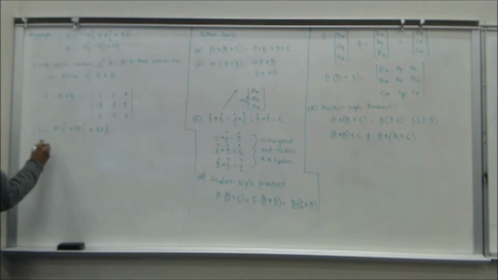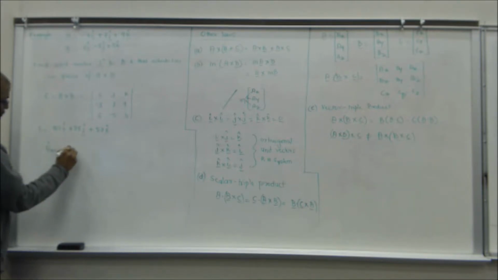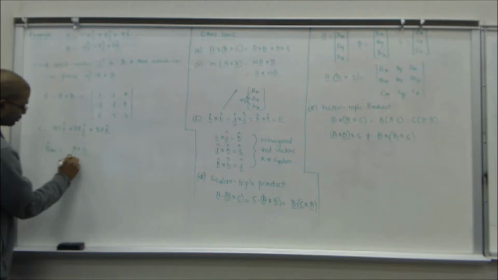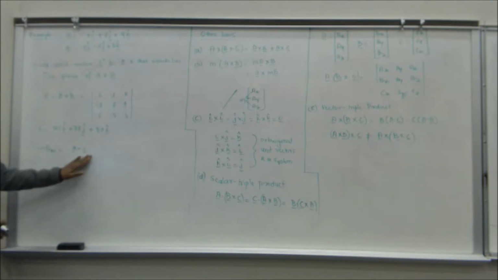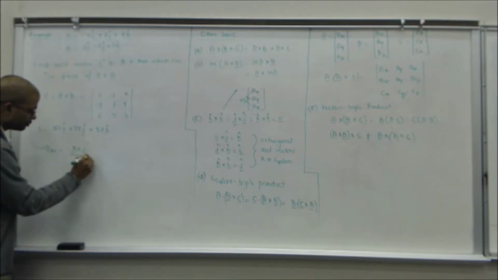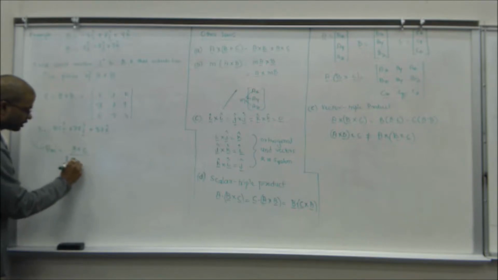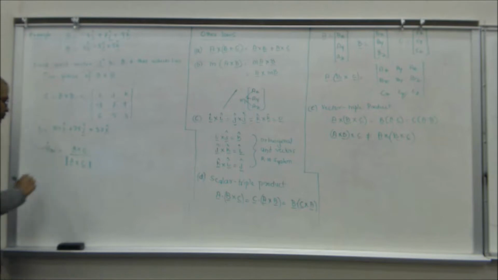So now what is U A C? It is A cross C over magnitude of A cross C. A cross C is this vector, a vector perpendicular to A and C. If I want to normalize it, to make it a unit vector, I'm just going to divide that by the magnitude of A cross C. Okay?